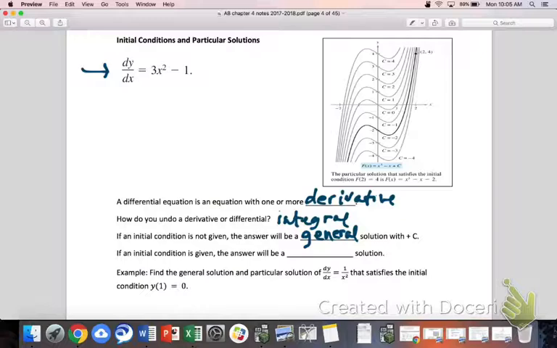But if an initial condition is given, the answer will be a particular solution. And with a particular solution, you will be given enough information to actually find what the c is. So instead of blah, blah, blah plus c, it'll be blah, blah, blah plus 12, or whatever the c ended up being, or minus 17, or who knows.